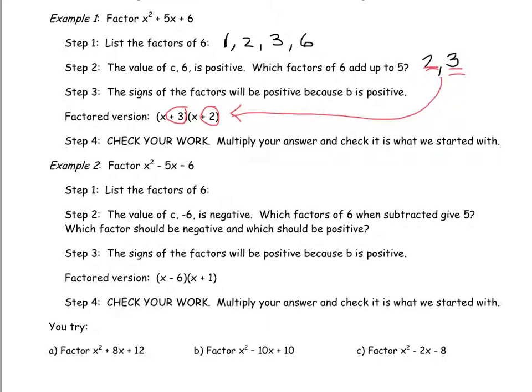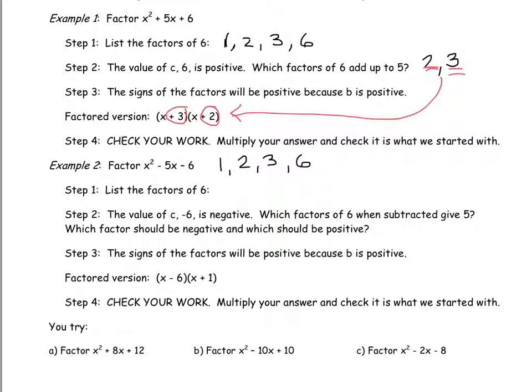Example 2. So same numbers, different signs. It's going to change how we do things. So again, we list the factors of 6: 1, 2, 3, and 6. The value of c is negative, so that means the numbers that we pick, one's going to be positive and one's going to be negative.